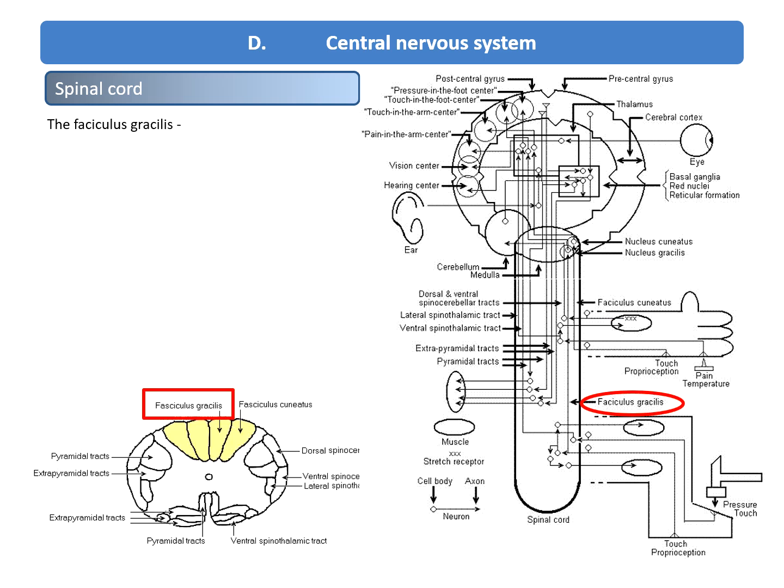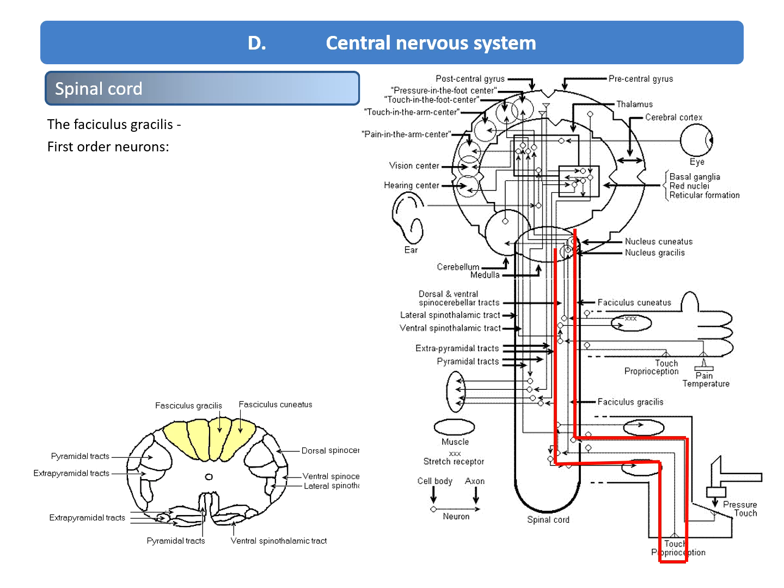The fasciculus gracilis first-order neurons travel from the receptors and extend into the spinal cord and all the way up to the medulla. They synapse in the nucleus gracilis in the medulla.